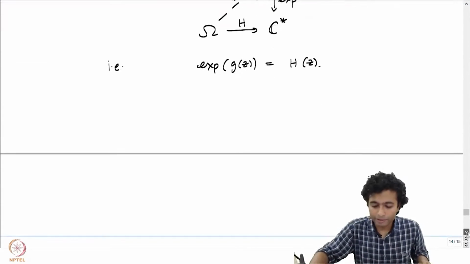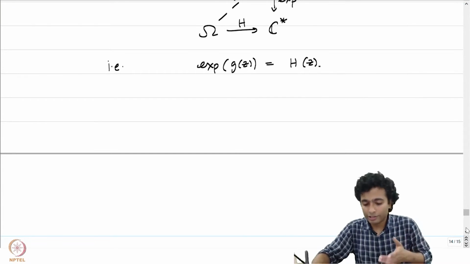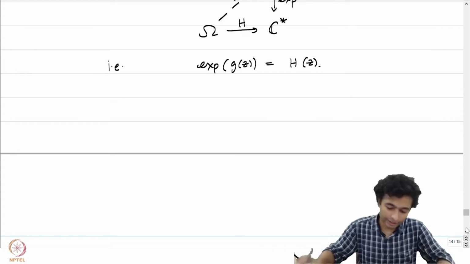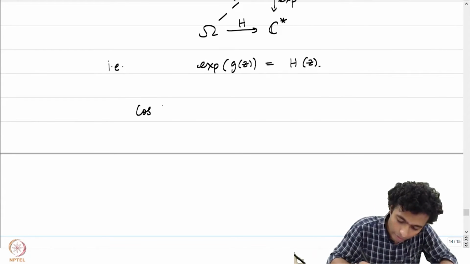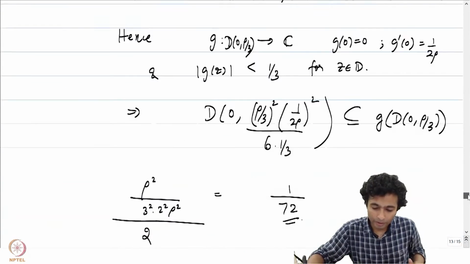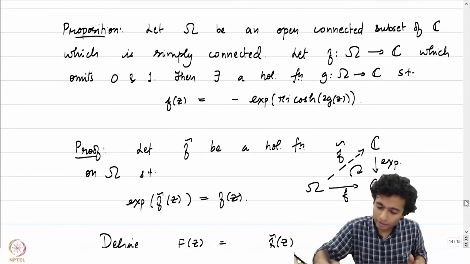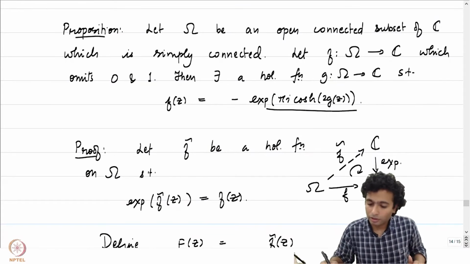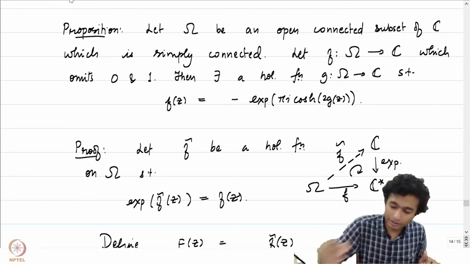Now let's see what happens to cosh of 2g of z. That's what we are interested in right now. We will rather look at this plus 1. If you go up and look at the statement, it was cosh of 2g of z times pi i that we are interested in, isn't it?